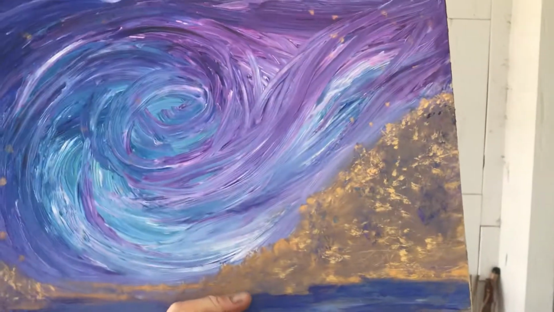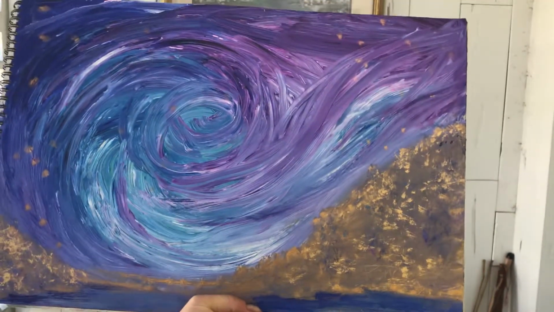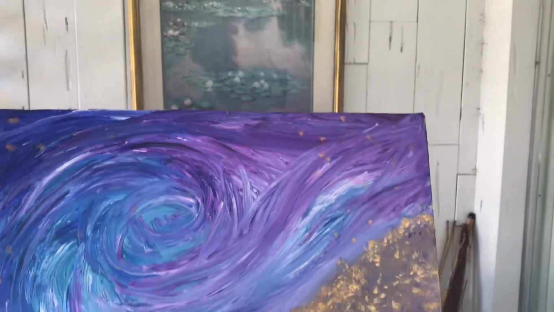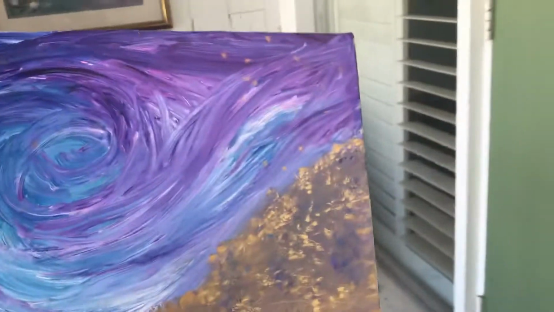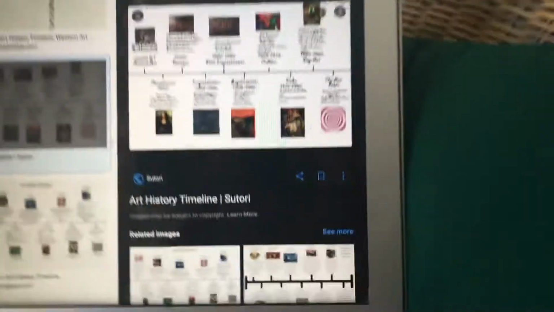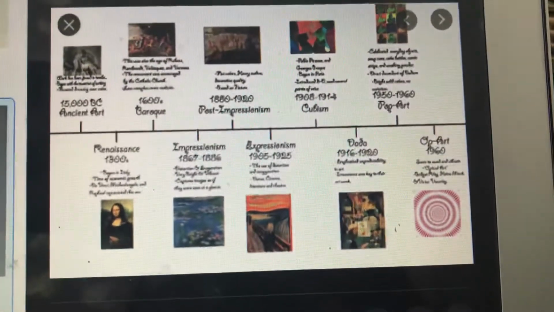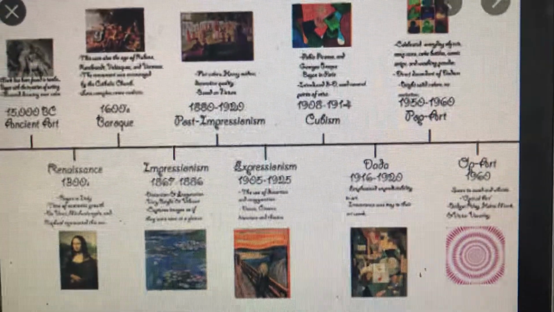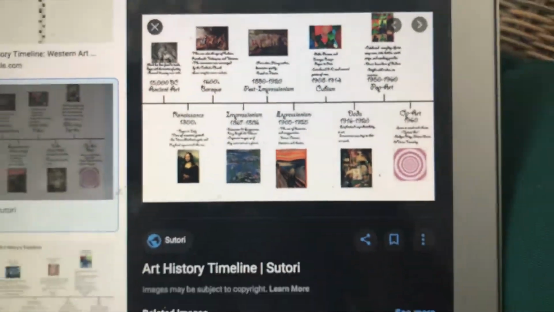That's my replica, because we did replicas of the famous artists trying to be inspired by their styles. As you can see, these impressionist artists loosened up and they started to show the brushstrokes, which is the 1800s, the impressionism period. And then you have Munch with the Scream, where artists are now expressing their emotions, moving all the way to the modern period, and that's what we're looking at.